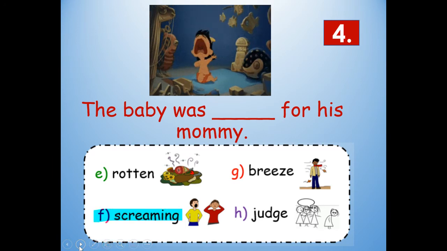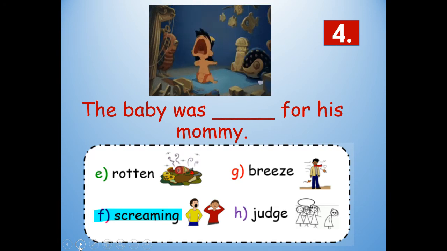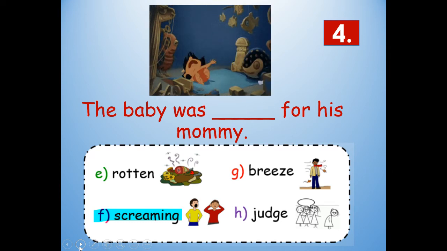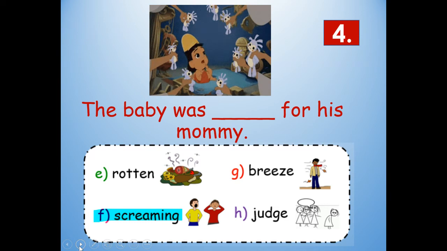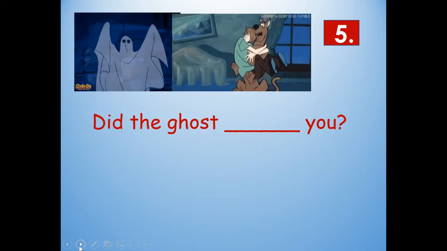It's screaming. S-C-R-E-A-M-I-N-G. The baby was screaming for his mommy. If you notice at the beginning of the video, you see the baby screaming. Scream is the root word and it has ing.